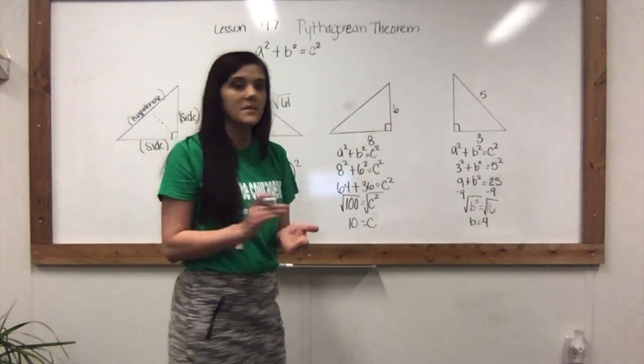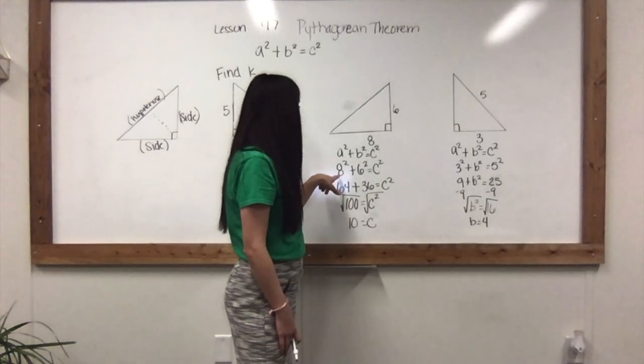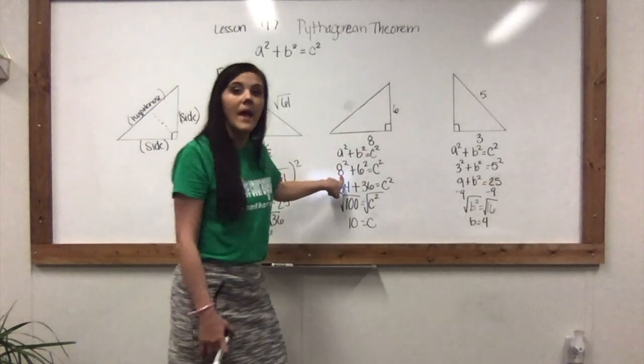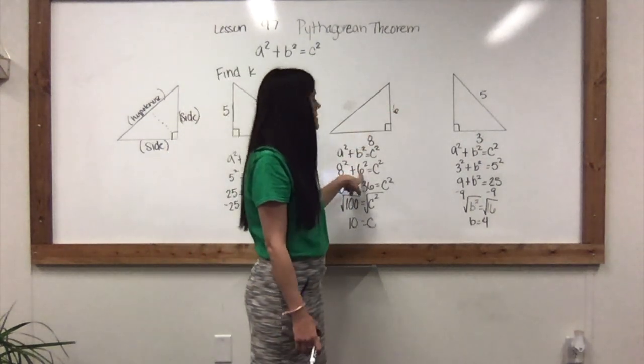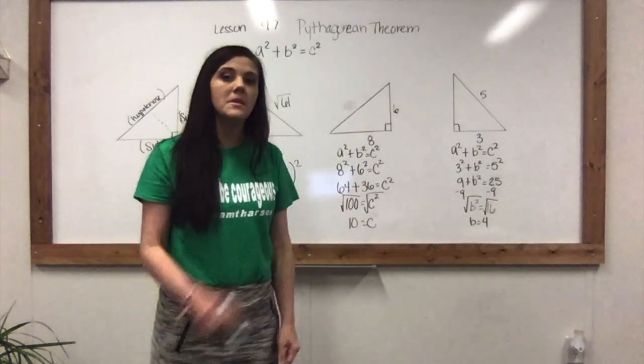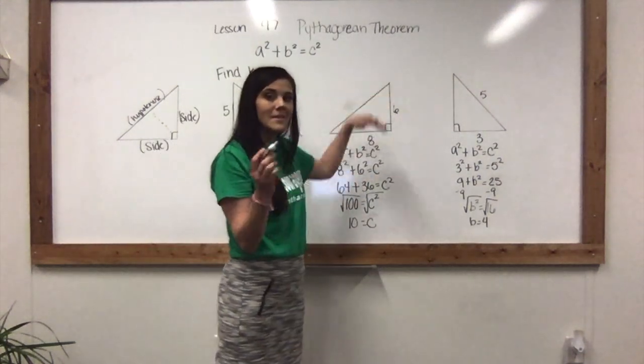They're both sides, so I can plug them in for a or b. So 8 is going to be my a, so I'm going to square it, b squared, so 6 is going to be squared, and then that should equal this longest side, this c.